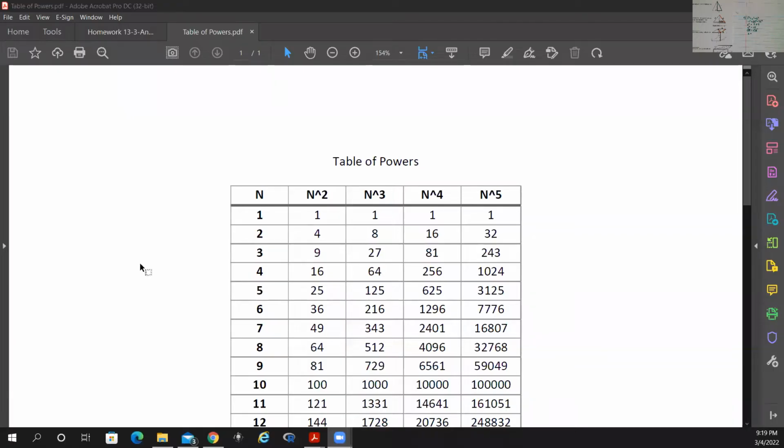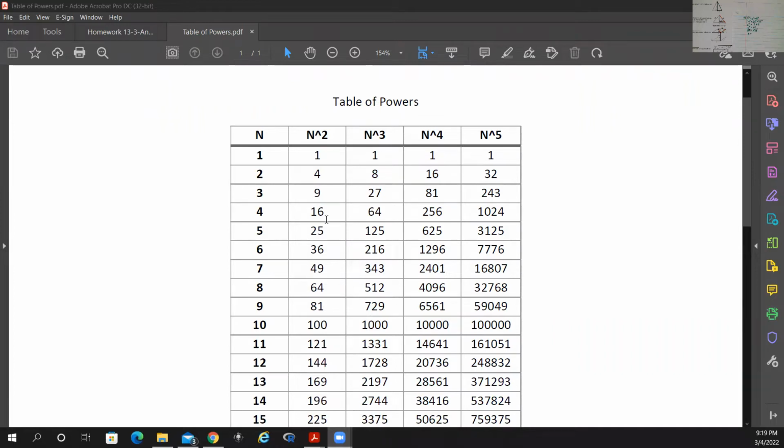And here is that table of powers. We're only going to look under the n squared column. So we need the largest perfect square that goes into 18 evenly. But 16 won't go into 18, but 9 will. 9 goes into 18 evenly 2 times. So let's use 9 times 2.